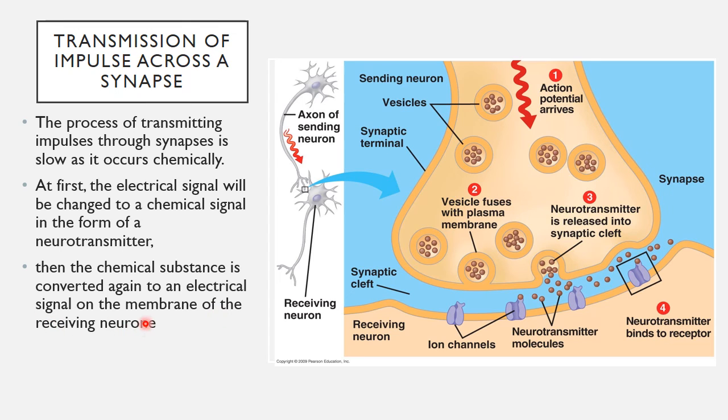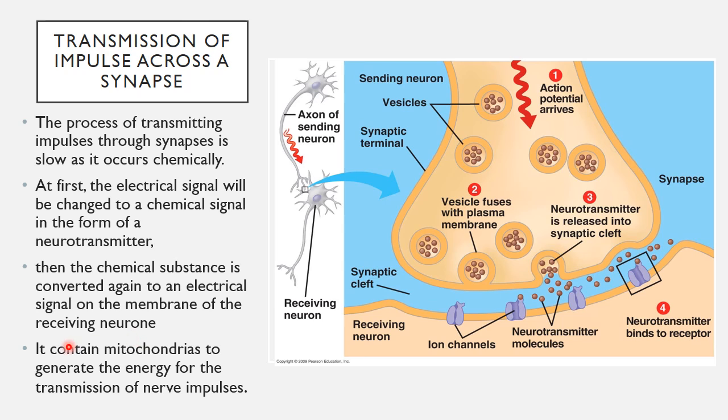Di sini ada perubahan berlaku pada impuls beberapa kali. Pada mulanya, electrical signals berubah kepada chemical signal, and then chemical substance converted again to an electrical signal pada membrane of the receiving neuron.